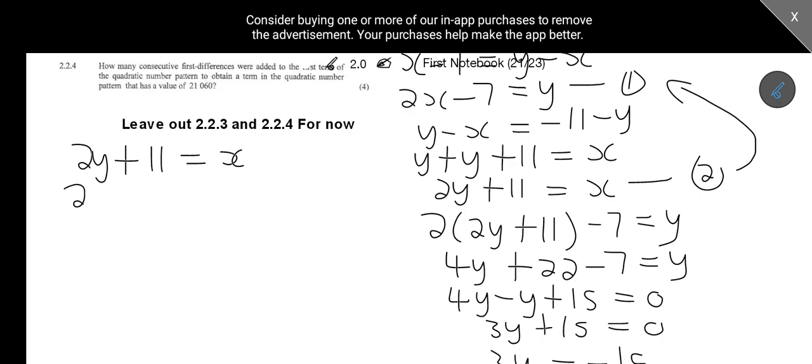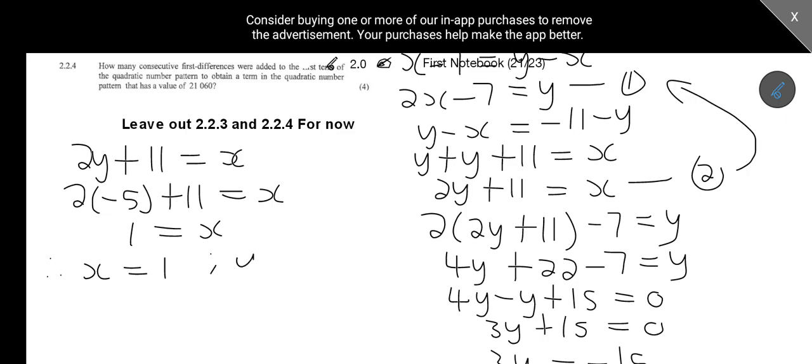We say that 2, where we see y, we plug minus 5, and plus 11 is equal to x. If you plug all that on the calculator, you will get 1. This means that 1 is equal to x. At the end, you can say that therefore, x is equal to 1 and y is equal to minus 5.